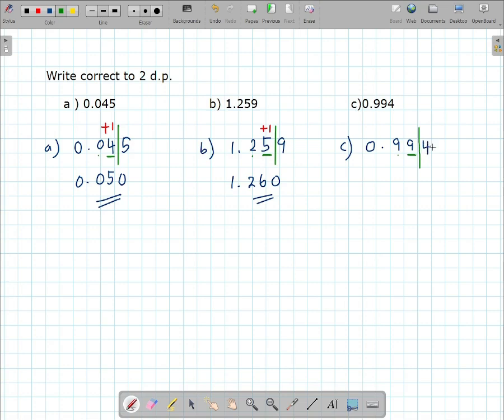If it is less than 5, you don't need to add 1 to the underlined digit. You leave it as it is. So 0.99, and after the separation, 0. One digit, that has to be 0. I hope you understood. See you in the next video.